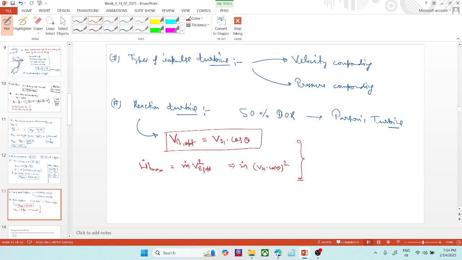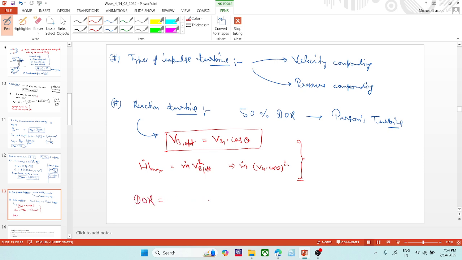Also, we have defined one thing, the enthalpy drop in the moving and static blades, and basically we divide it 50-50%. Then lastly, we have defined the degree of reaction.